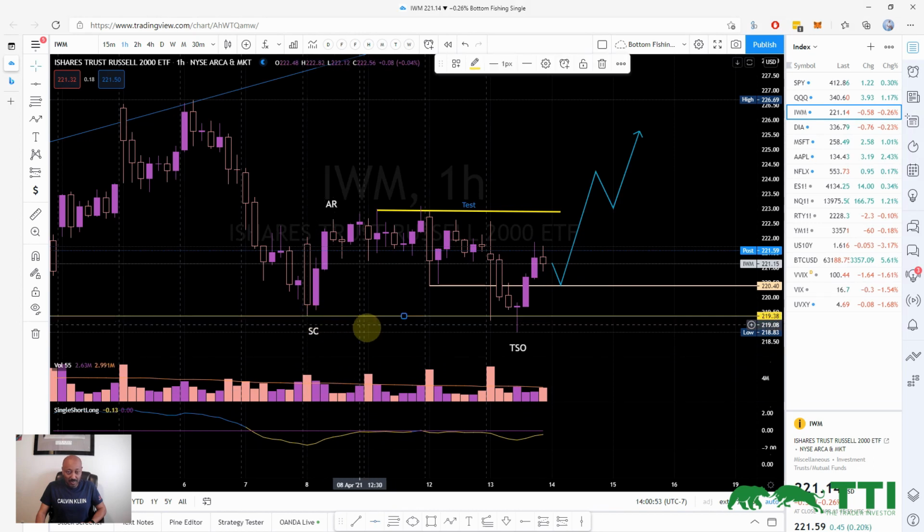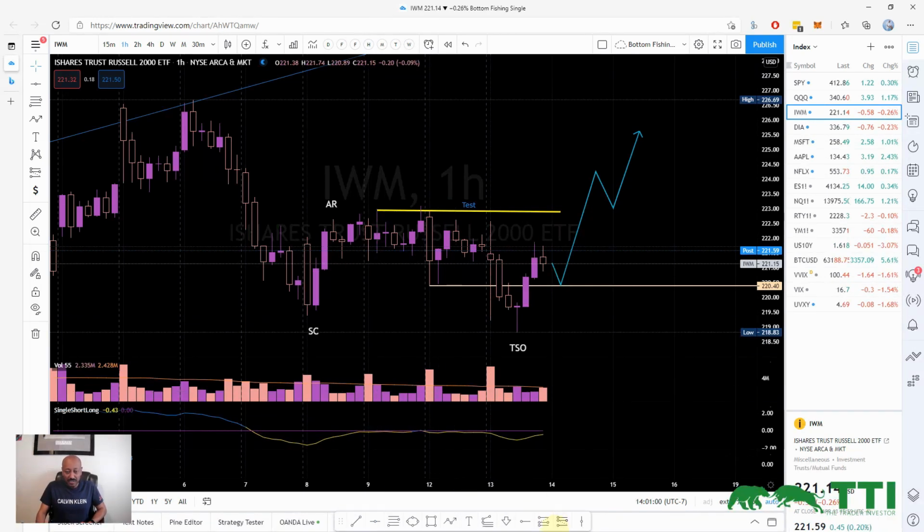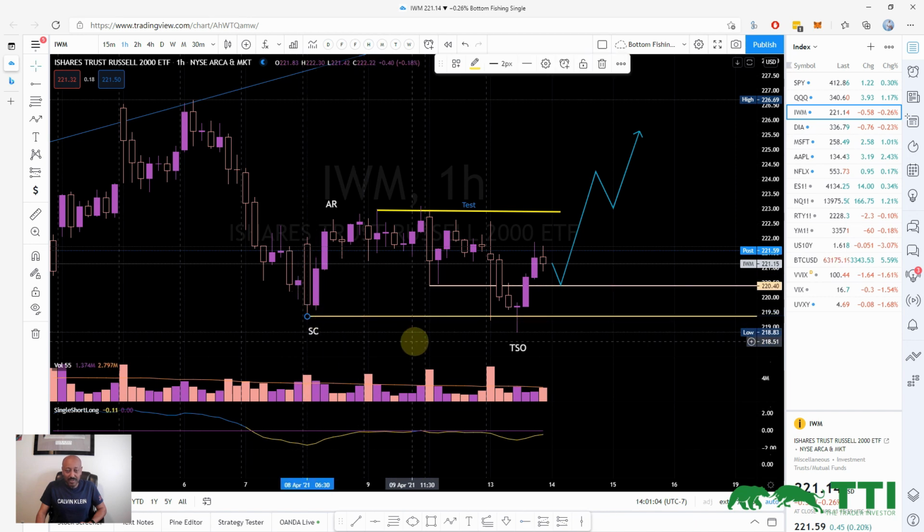And here's the low of that accumulation phase. I'll draw it just from this point. So here's that low, and we broke from that low, and people who thought, oh well, we broke from these lows, we better go short, this is where terminal shakeout could occur.